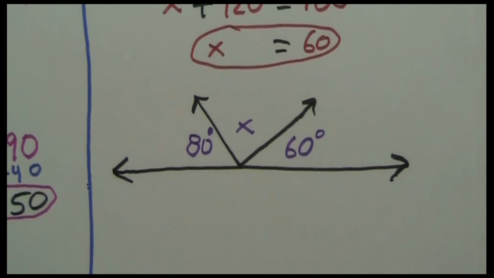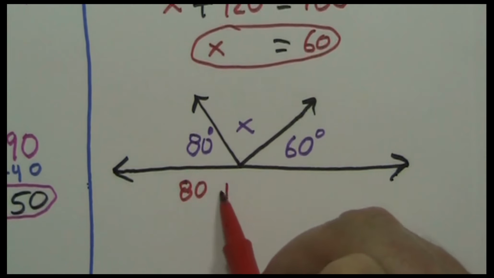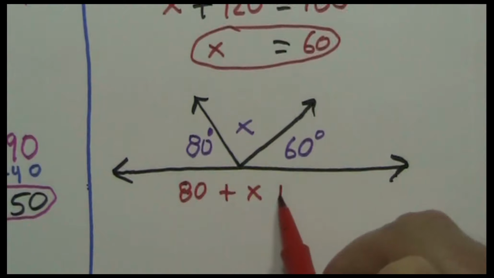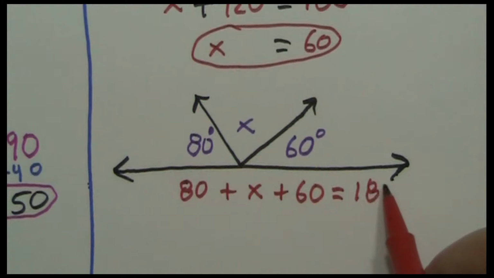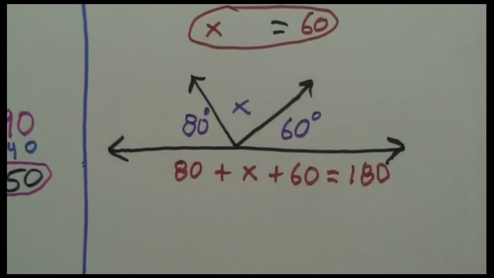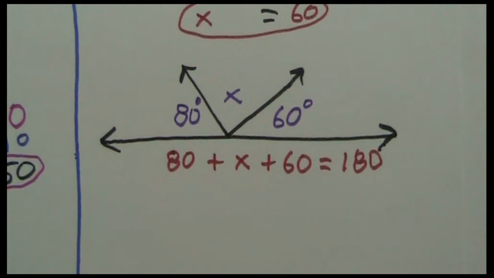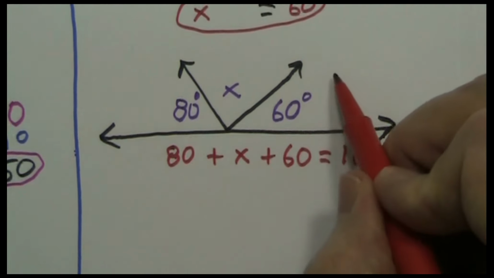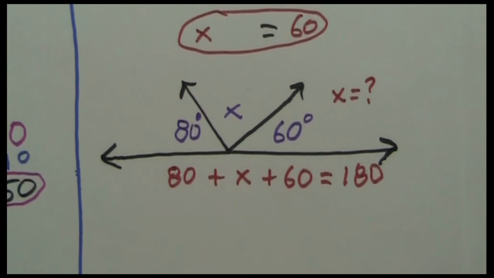So you would just write your equation, 80 plus X plus 60, that total is 180. And then you would solve from there. Well, we won't solve it, but that's how you would set it up. Because they would want to know, what is X? What does X equal?